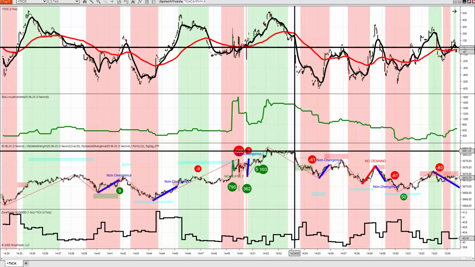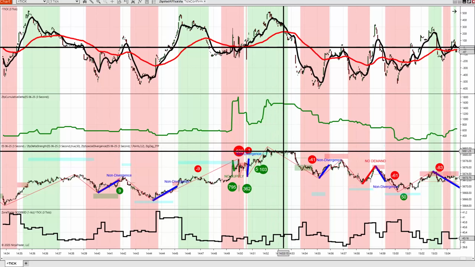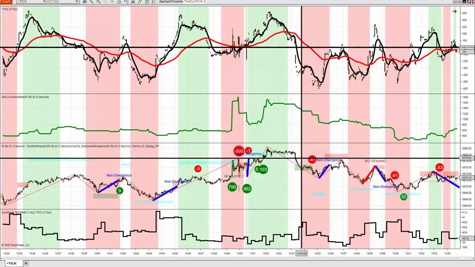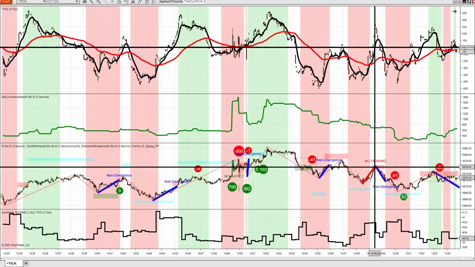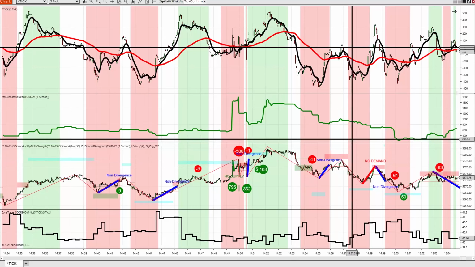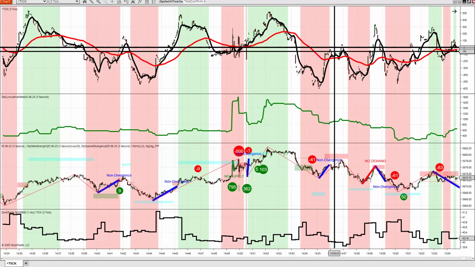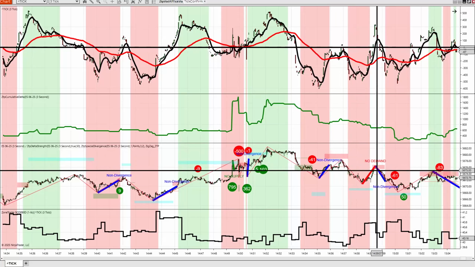This pattern right here suggests to me that there was distribution because we can't trade any higher than this 81. And then we end up trading lower. And again, a nice little sell signal right here, a nice little sell signal right here. Again, it fully comes within my criteria where tick is living below zero.